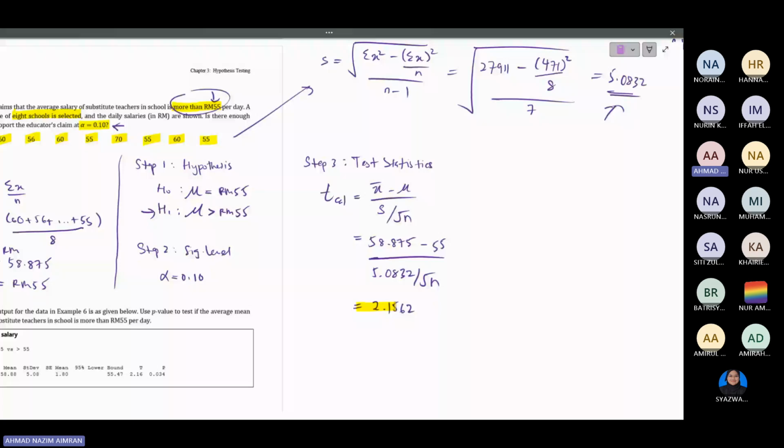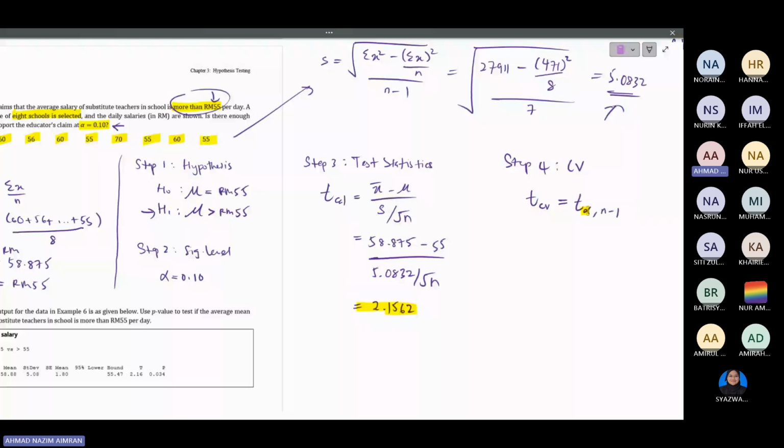So this is the T calculated, and step 4 is the critical value. So find the T critical value because you use the T calculated. Okay, we need to compare with the T critical value, and the T critical value is T alpha, n minus 1. Again, why alpha only?